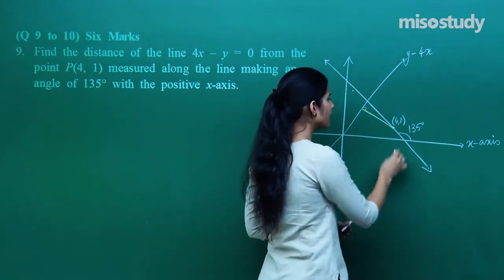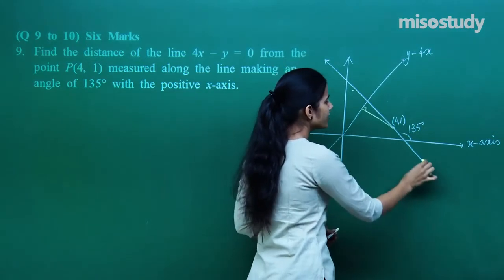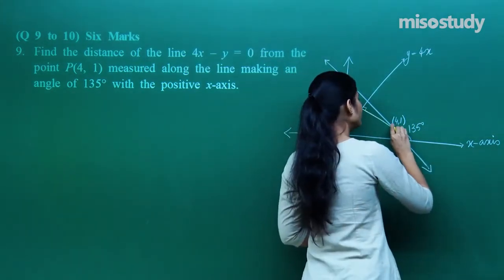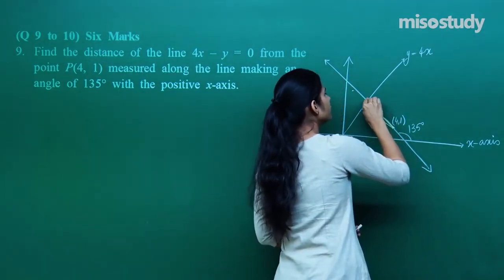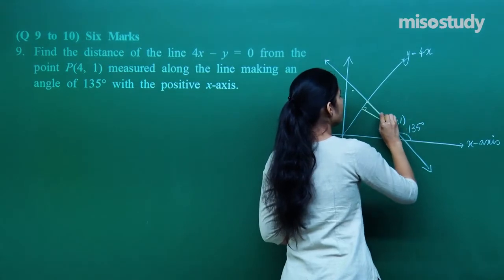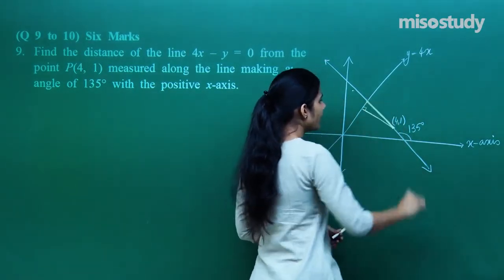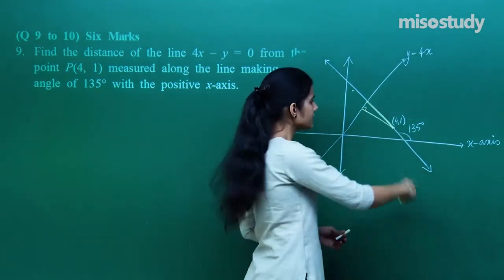But it is asking you to find the distance of this point from the line y equals 4x, but along this new line. That means walk along this line from 4, 1 and stop at the point when you reach the line y equals 4x and calculate this distance. How far is 4, 1 from y equals 4x, but when you travel along this new line?